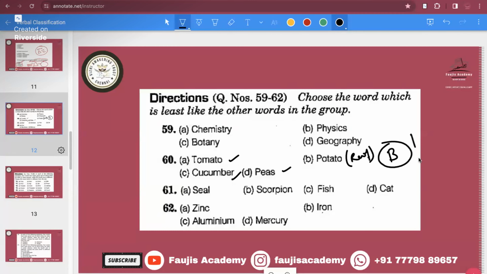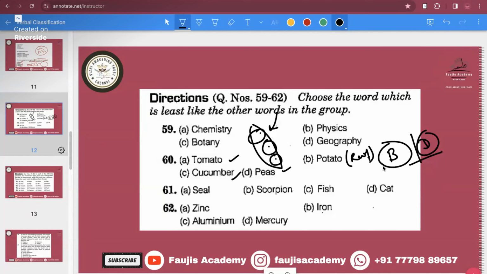But no one is contesting for D as the answer. Peas will be something like this, and inside that you will be having the peas. I can also argue that in a covering there are like 3 peas, 1, 2, 3, but this tomato, potato, and cucumber are only one when you get the fruit out of those trees, right?